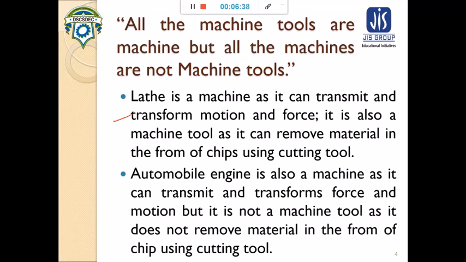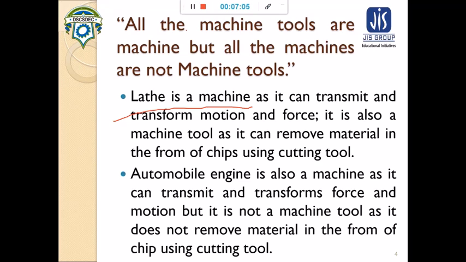We can explain this statement by taking an example. Say a lathe is a machine because it can transmit motion as well as force, so it is a machine. But it is also a machine tool. Why is it a machine tool? Because it can remove the material in the form of chip using a cutting tool. You have all seen a lathe in the workshop.